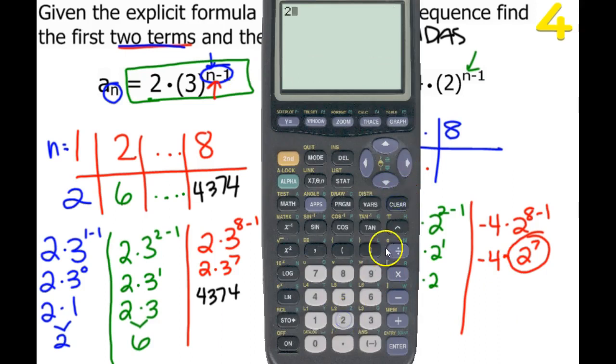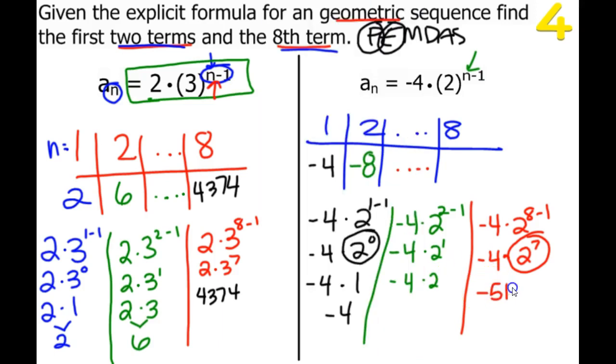So we have 2 to the power of 7. It's not 2 times 7. 2 to the power of 7 is 128. And then times a negative 4 gives me negative 512. There we go. So here is our final answer. Here's our pattern. If we were to list it out, it would be listed out with commas between.